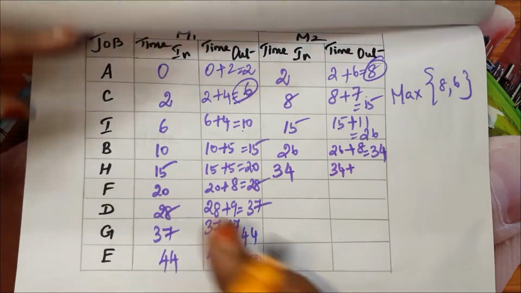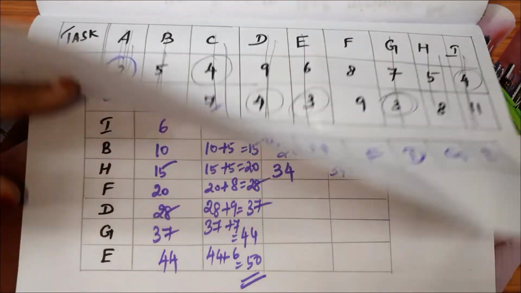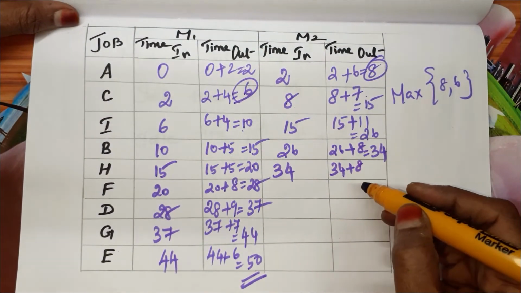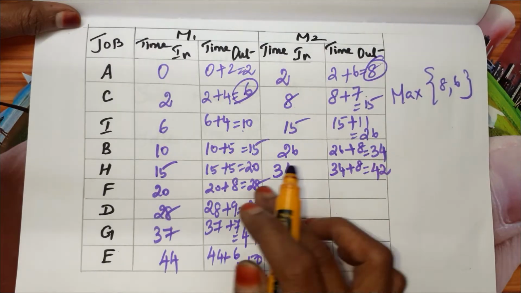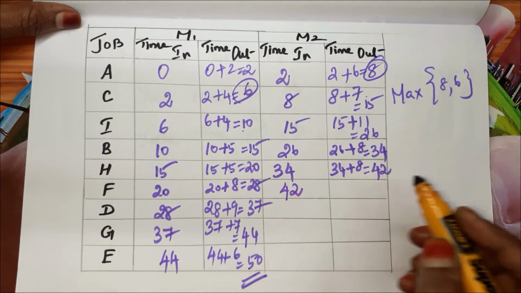Then 34 plus, for H, it is 8. So it is 42. Then 42, 28, 42.